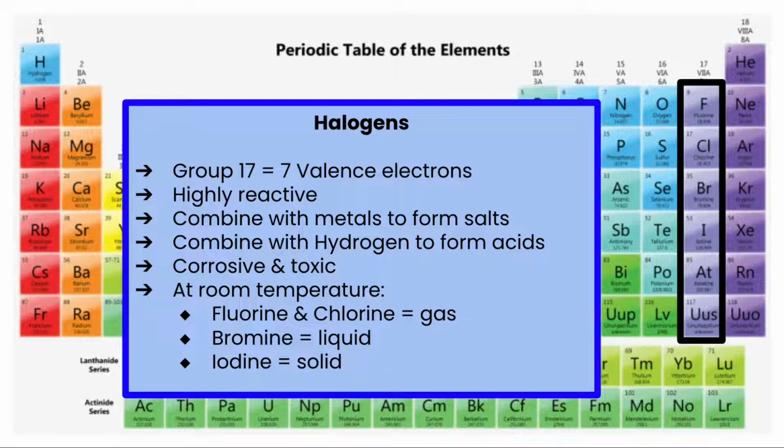They will combine with metals to form salts, and we'll see that in grade 10 science and further on. They also combine with hydrogen to form acids, and they can be corrosive and toxic. At room temperature, fluorine and chlorine are gases, bromine's a liquid, iodine's a solid, and the rest down are solid as well.